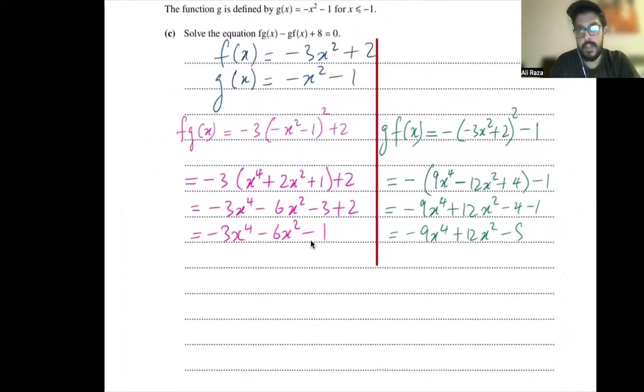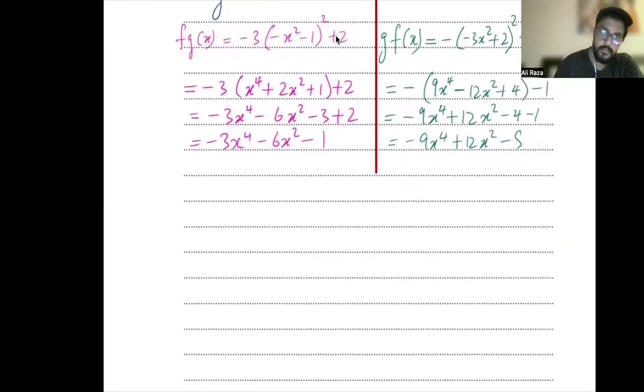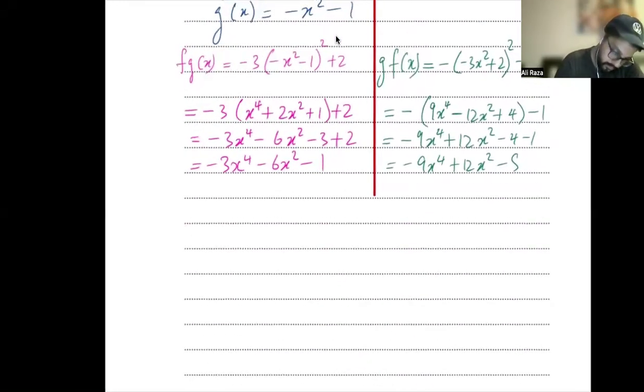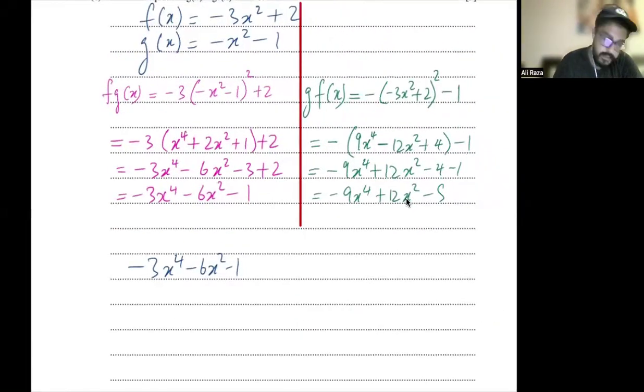Now we need to add f g x, subtract g f x, and add 8 and equate it to 0. And then we subtract g f x, so I'll just switch the signs. Plus 9x^4 minus 12x squared plus 5. And then we have plus 8 is equal to 0.